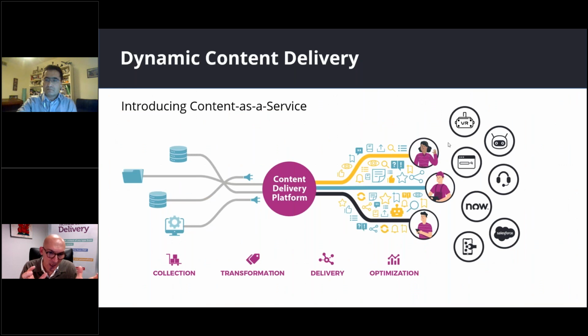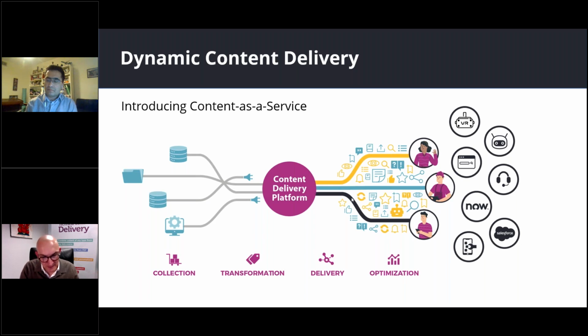and they discovered what we call dynamic content delivery, on the next slide, which is basically platforms, and this is exactly what we do at Free Topics: software solutions dedicated to collecting and aggregating information from multiple sources, whether it's data, Word files, legacy content, or wikis from subject matter experts.